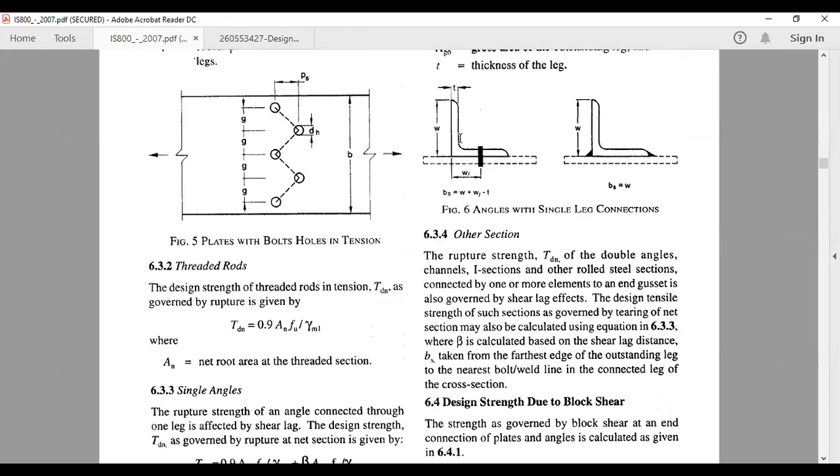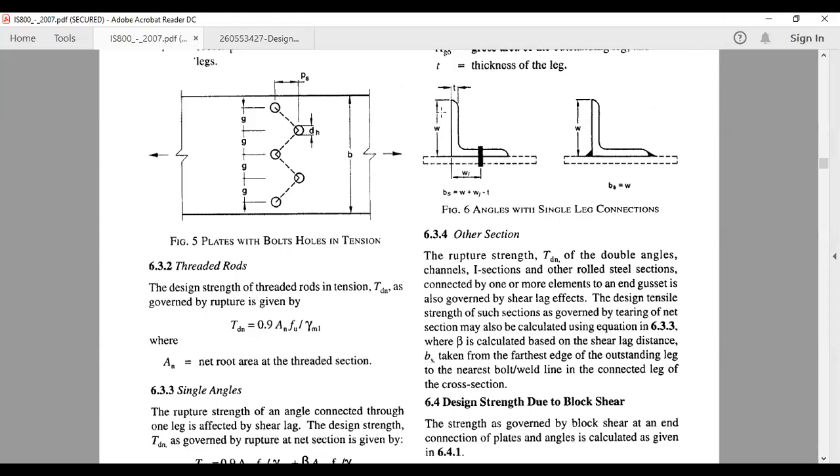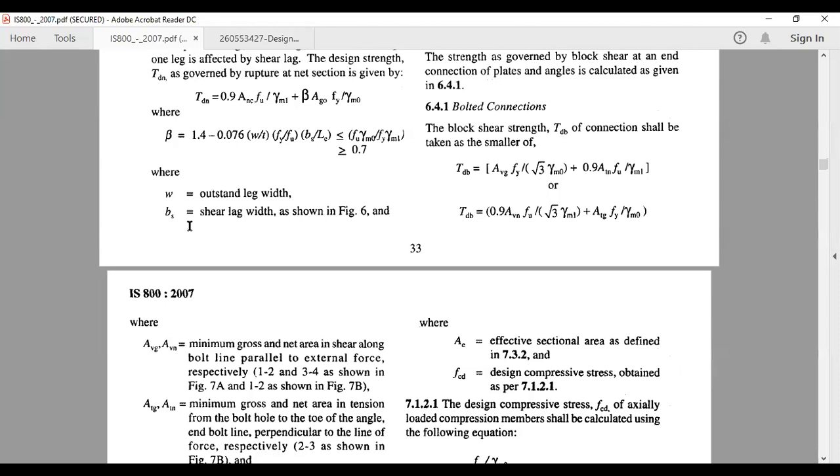And sometimes we go for unequal angle section, then in that case, the widths of the two legs, the connected leg and the outstanding leg, may be different. So see which one is the unconnected leg, which width is unconnected. Based on that, you take that as your W, width of the unconnected leg.